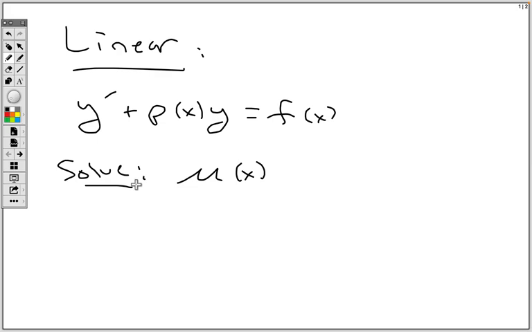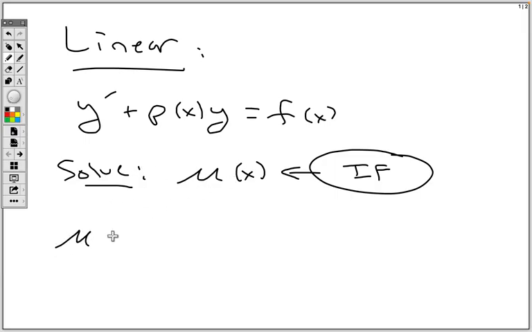Okay, so linear equations, we solve them using integrating factor. By the way, integrating factors come back next week in a more general format. But the reason they're called integrating factors is they're called factors because you multiply through by them.